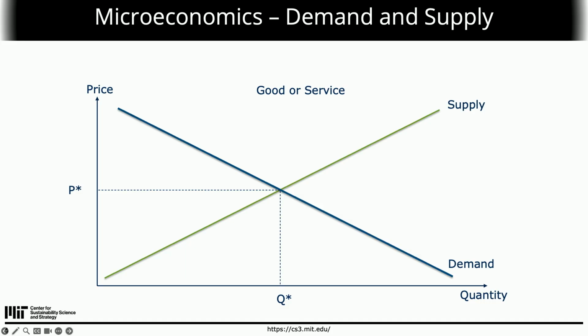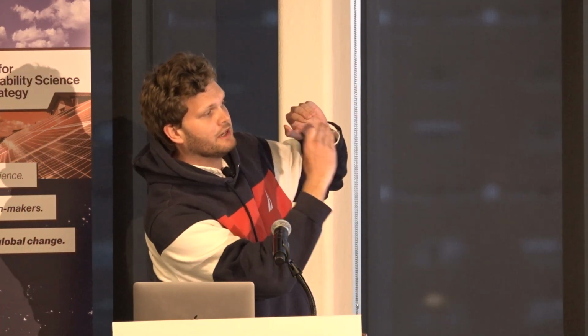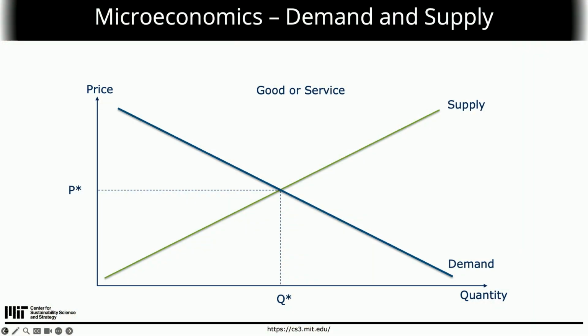Another way of thinking of the demand curve is the marginal benefit, so the additional benefit you get from consuming 1 extra unit of this good or service. It's also worth considering that the demand represents the willingness to pay of consumers. So when you look at an individual market or a group of markets, you have a downward sloping demand curve or marginal benefit.